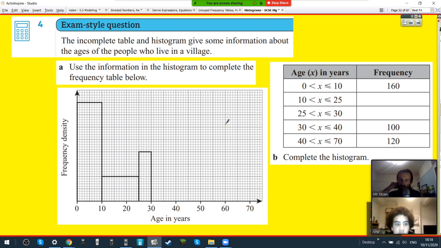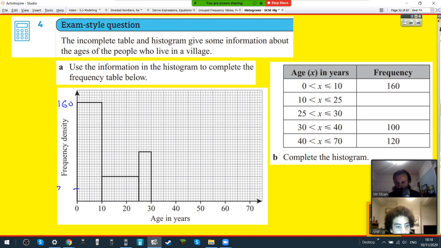So first on the y-axis, we will mark 160 at the top of the first box. Well done. And they go up in 20s, so we'll mark 20 every square.